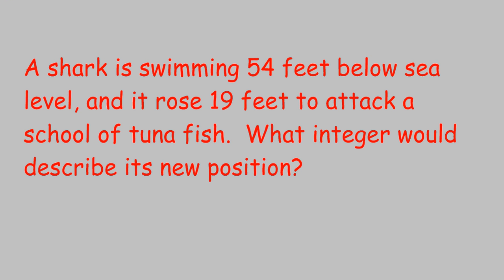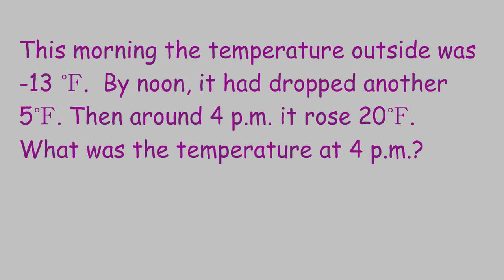All right, here are a couple word problems I have that we will be able to solve by the end of class. If a shark is swimming 54 feet below sea level and it rises 19 feet to go attack a school of tuna, then what integer would describe its new position? And the next one, this is a real-world example.